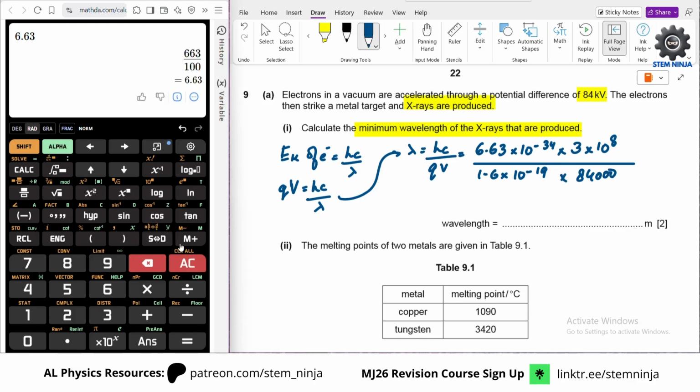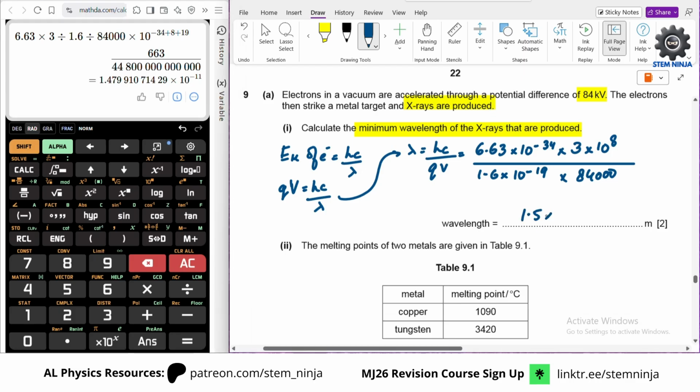So 6.63 times 3 divided by 1.6 divided by 84,000, times 10 raised to the power minus 34 plus 8 plus 19. So this is 1.47 times 10 raised to the power minus 11.